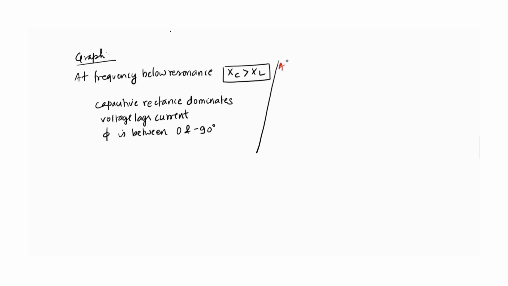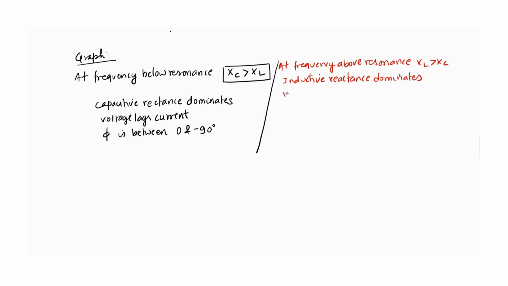Next, above resonance, we have XL greater than XC. So inductive reactance dominates the circuit, and I'm writing here inductive reactance dominance in this case.